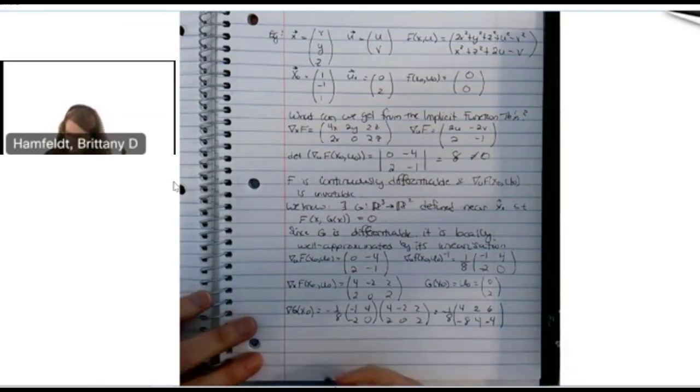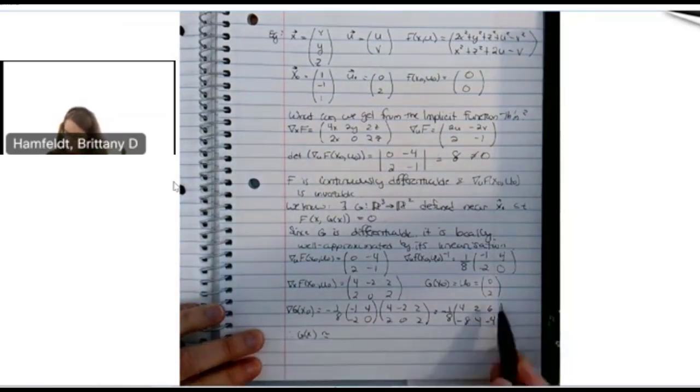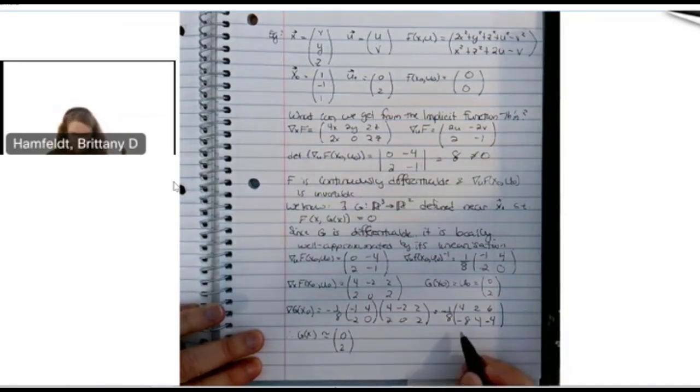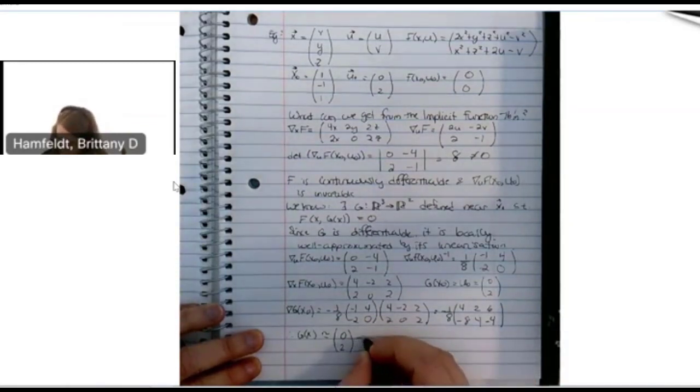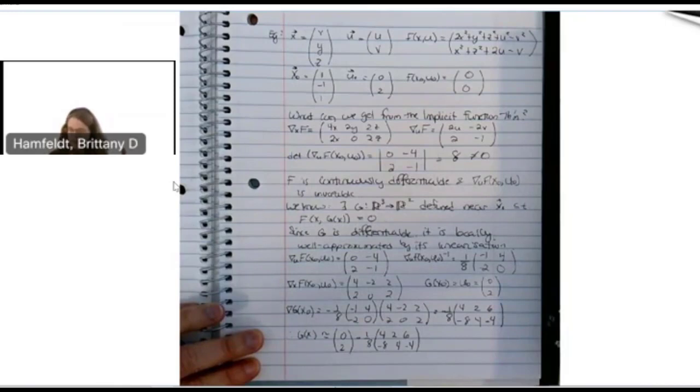I can write down this linearization. I can say, therefore, G of x is approximately equal to G of x naught, that's 0, 2, plus this matrix, and then times x minus x naught.